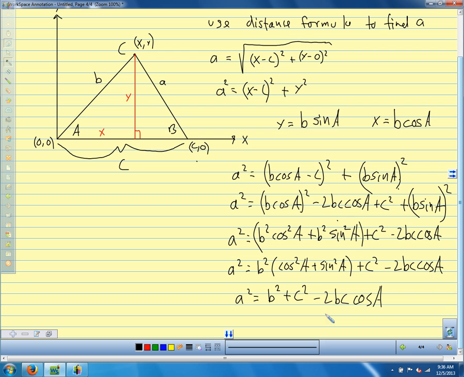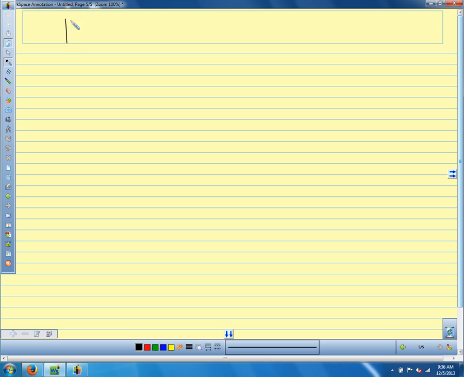All right, questions? Okay, last thing. Heron's area formula. So this is our area formula that comes from the law of cosines.